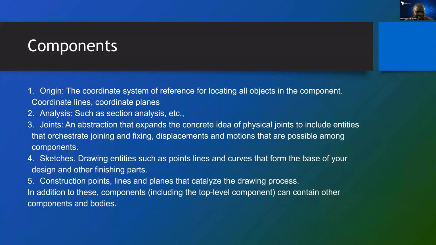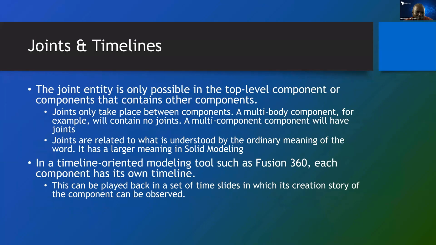Joints and timelines. A joint entity, for emphasis, is only possible in the top level component or in components that contain other components. And let me explain what we are saying here.